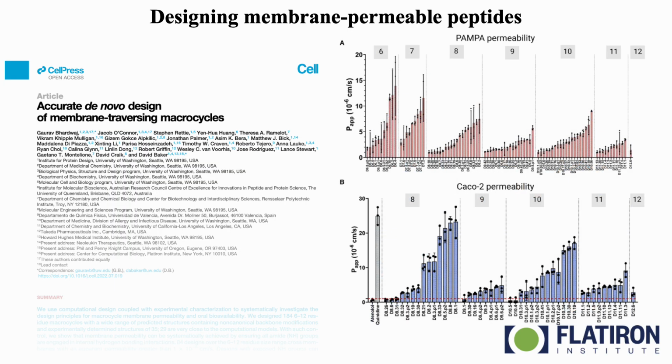And you can see that on both PAMPA and CACO2 permeability assays, we had excellent permeability for some of these peptides. The current challenge is designing peptides that are both permeable and which bind to a target. And actually, I have a collaborator who's using these methods who has achieved that now. So hopefully we'll be publishing that soon.